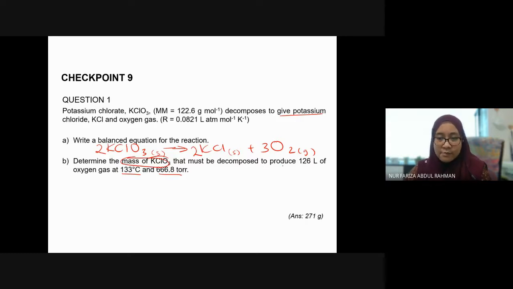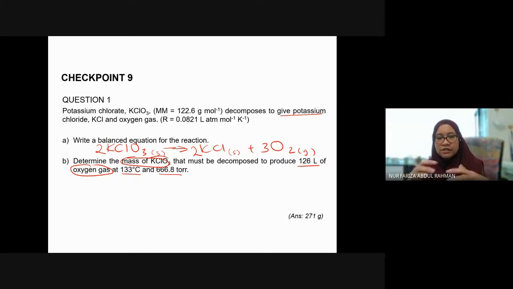But the information is given for oxygen gas. So these are the information for oxygen gas. So the strategy is we have to go for oxygen gas first. We have to calculate the mole, because we want a connection with the balance equation later on, so we need to have the mole.